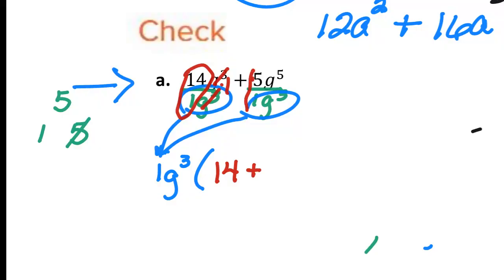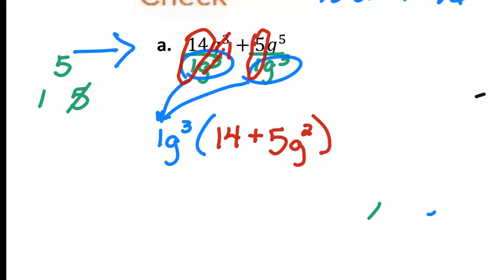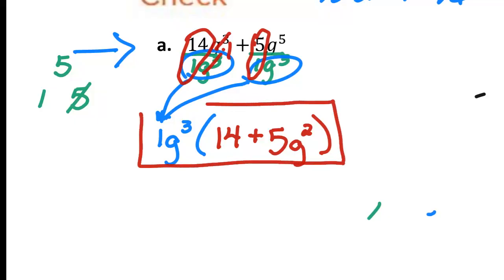Plus, what's 5 divided by 1? 5. And if I have g to the 5th divided by g to the 3rd, g to the 2nd. So you had 5, you're factoring out 3, so that means you have 2 left. So your final answer there for the factoring is 1g to the 3rd times quantity 14 plus 5g squared.